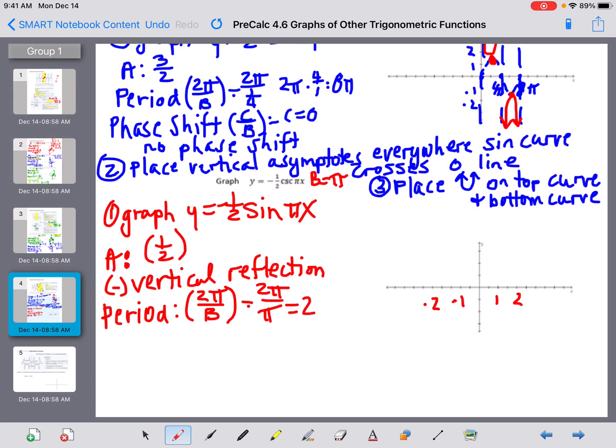By the way, I'm going to make the 2 lines up this so I can do my 1/2 in between. Phase shift. Well, I don't think there's a C. There's no plus or minus with my x, so C over B, C is 0, so no phase shift.